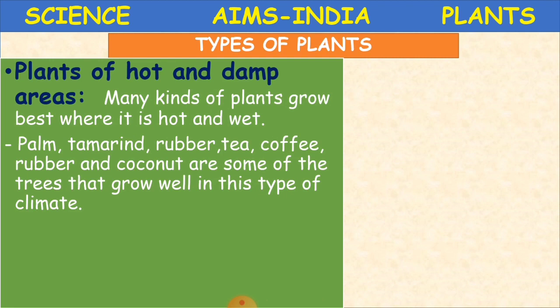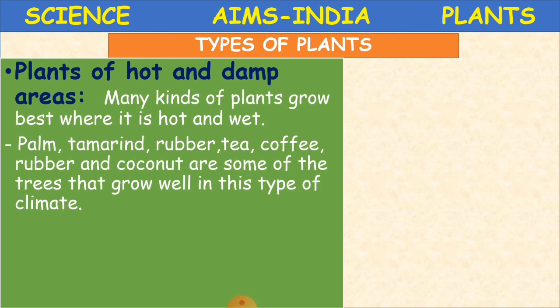Even the air has a little moisture. Such areas are called damp areas, where the climate is hot and also carries a little wetness in the air.